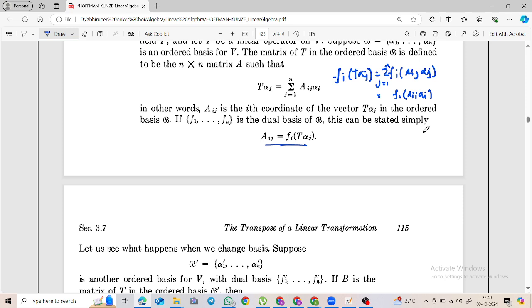T alpha_j is the summation of A_ij alpha_i. So when I apply f_i, the sum is over i here. Wait a minute.